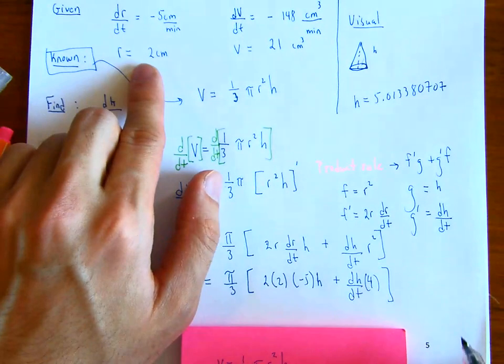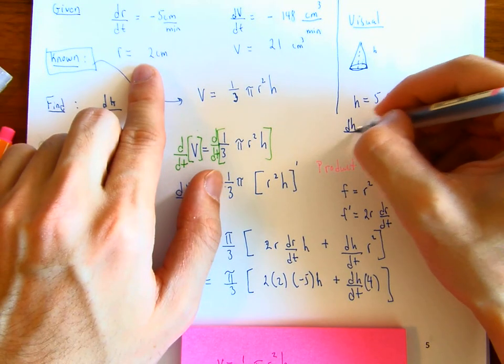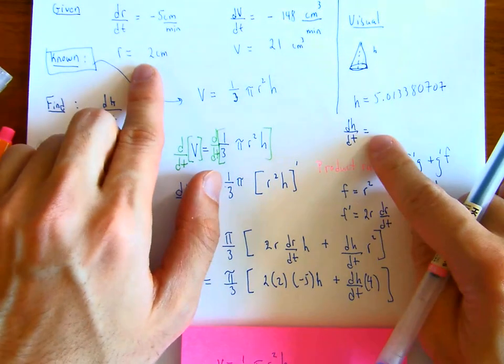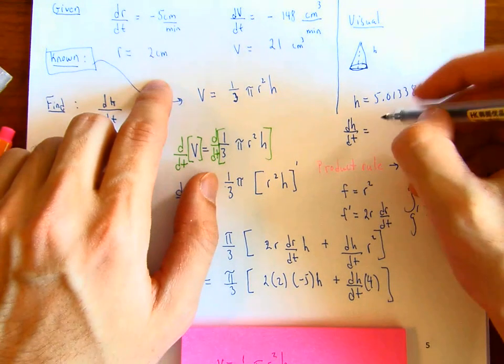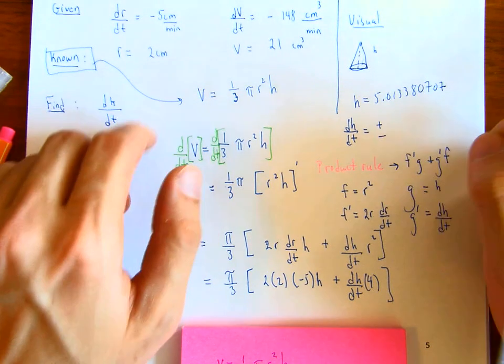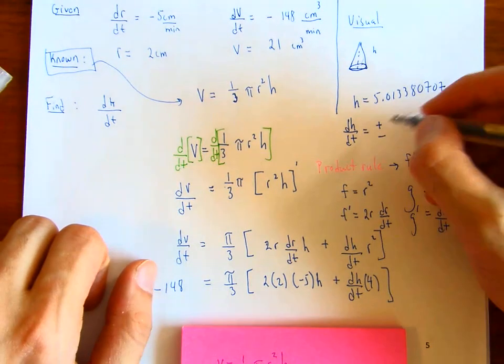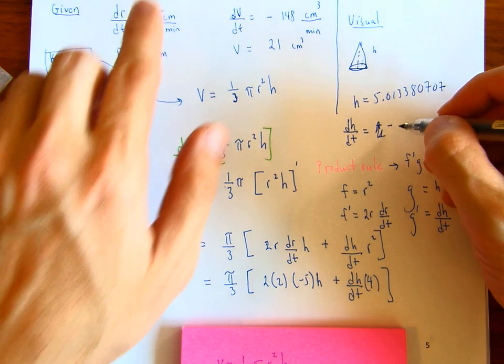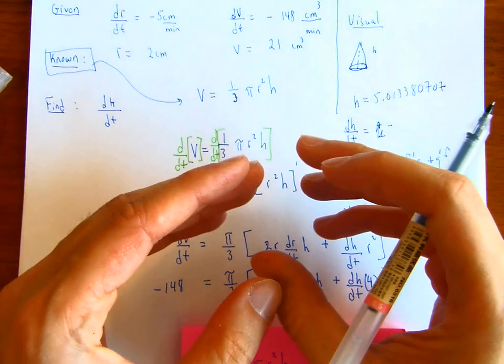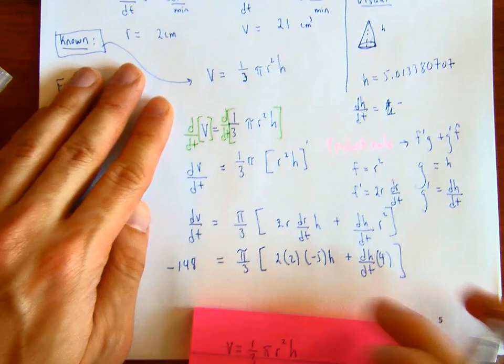5.013380707. Now we have to find dH/dt. Notice, what do you think dH/dt is going to be? Will it be a positive value or a negative value? You have to think about it, right? It's probably going to be negative because the cone is decreasing, right? So now we just plug in the numbers.